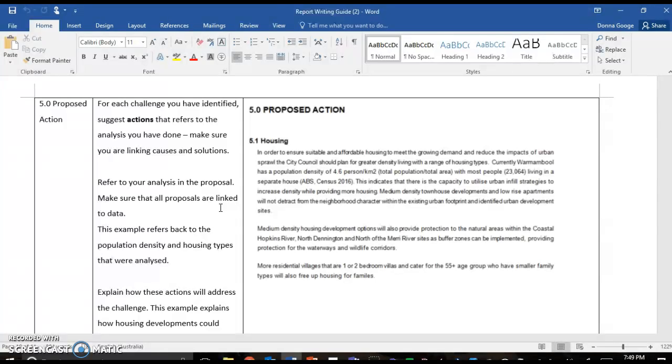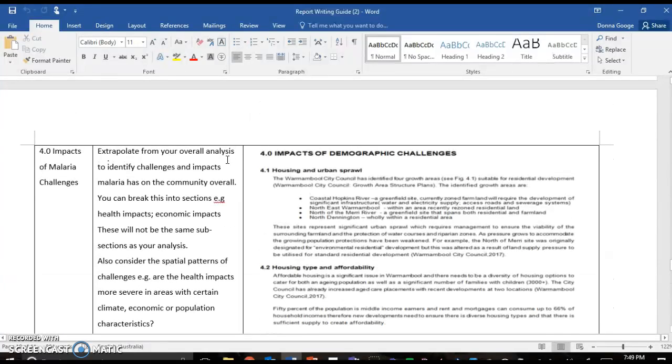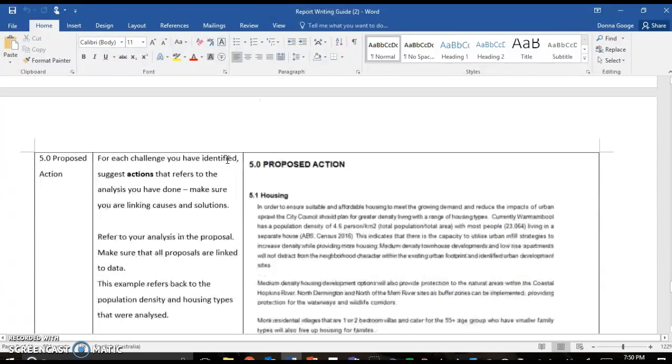Is it that there's been such a focus on the under fives that maybe we need greater education in the older age groups? I don't know. You will need to figure out one proposal that you think will have the biggest impact on one or two of these impacts that you have identified. Okay?